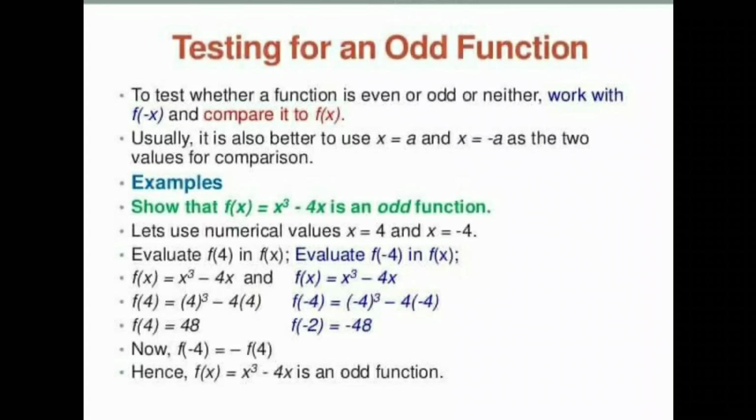So both values are equal in magnitude. If it satisfies f(minus x) is equal to minus of f(x), then we say this function is an odd function. Okay, so hope you understand what an odd function is.